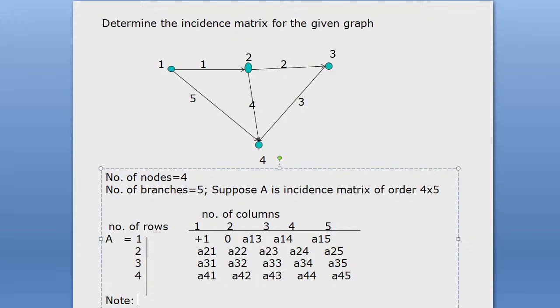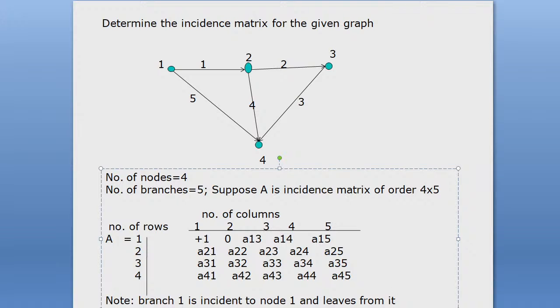Node 1. Note that branch 1 is incident to node 1 and leaves from it.